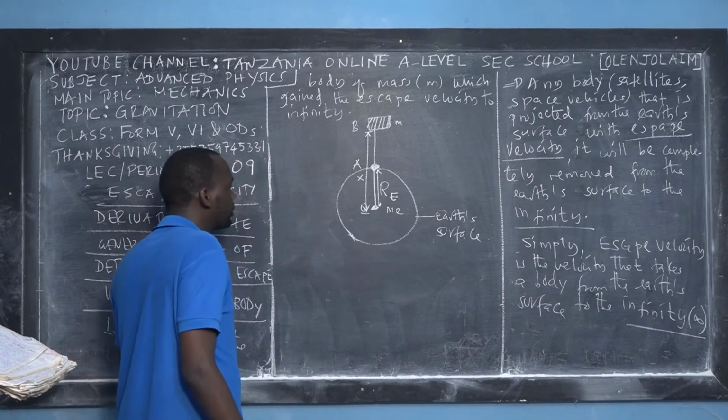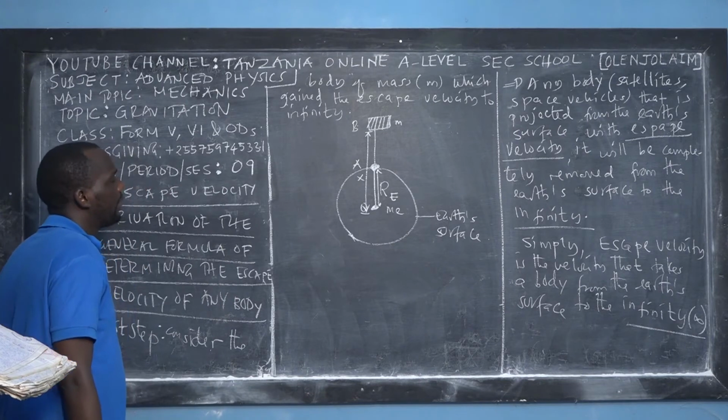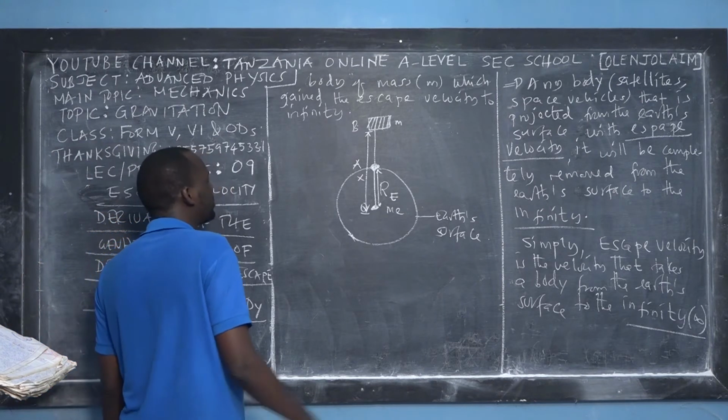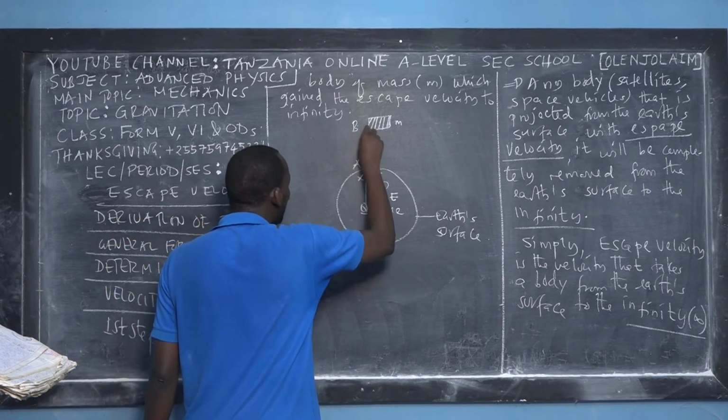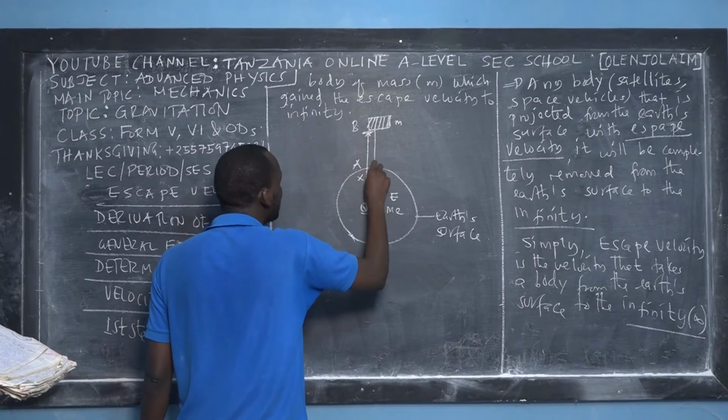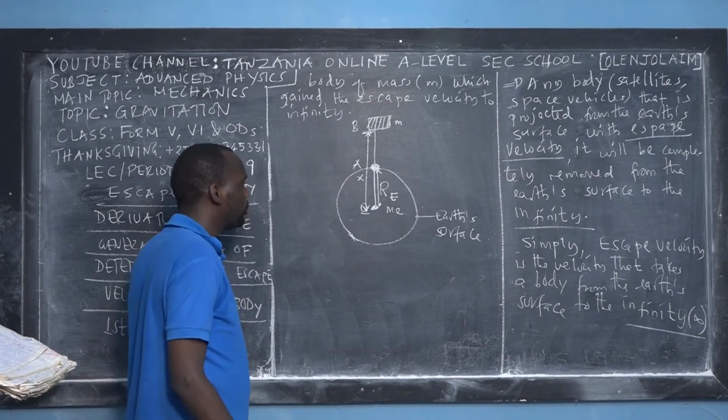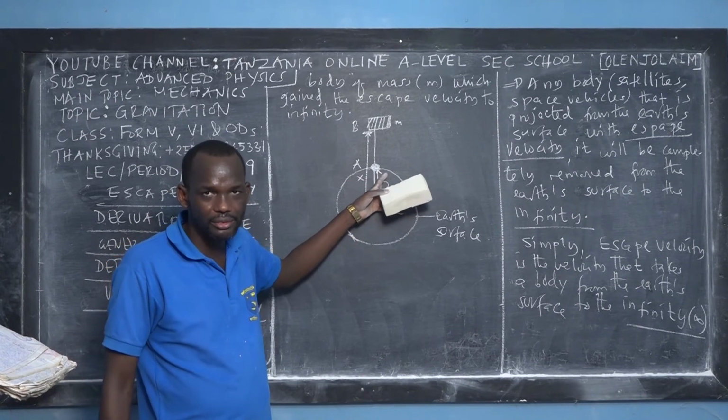So the distance is x. Again, this is the amount of work done required to remove a body from point A, where the gravitational force is acting. Listen carefully.